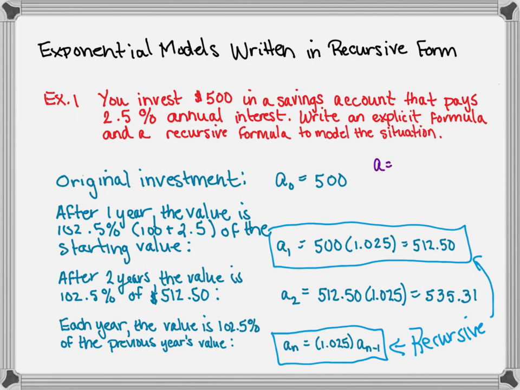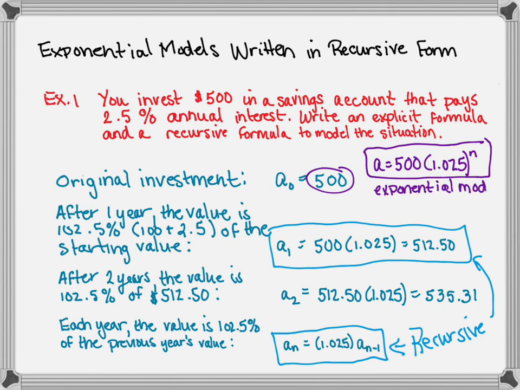Our explicit formula, which is also our exponential model, A equals our starting value, our A sub 0 of 500, times 1.025 raised to the nth power. And again, this is our exponential model, also known as our explicit model. And the 1.025 came by what we were multiplying each previous value by.